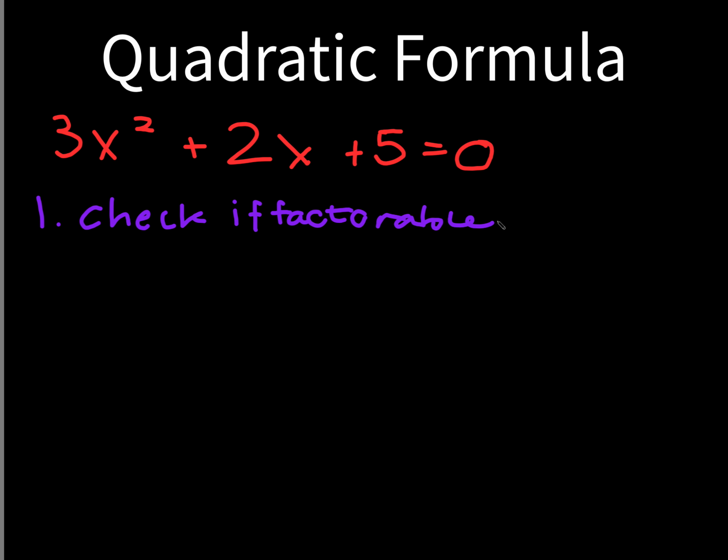Because I like the quadratic formula, however, just factoring an equation is a lot simpler. So in this case, I'm looking, 5 is sort of a prime number. Its only factors will be 1 and 5, and those do not add up to 2 in any way, shape, or form. So it is not going to be factorable.